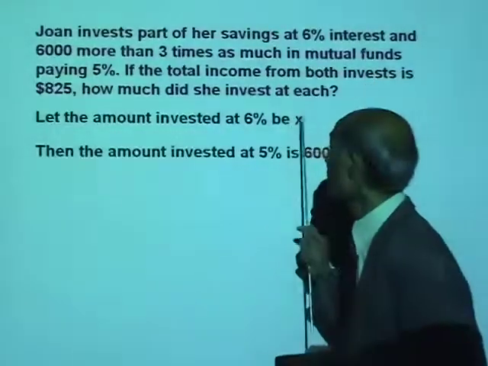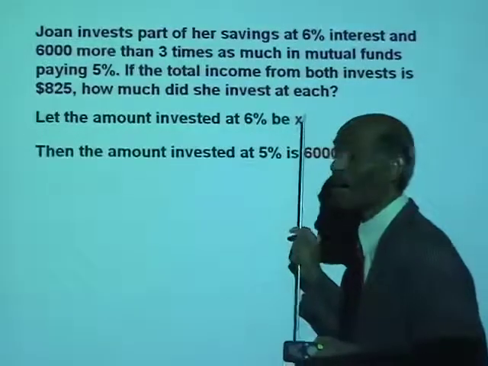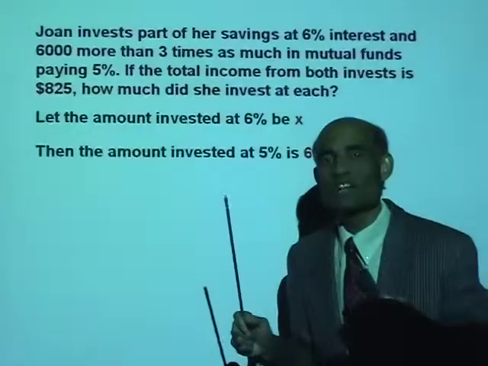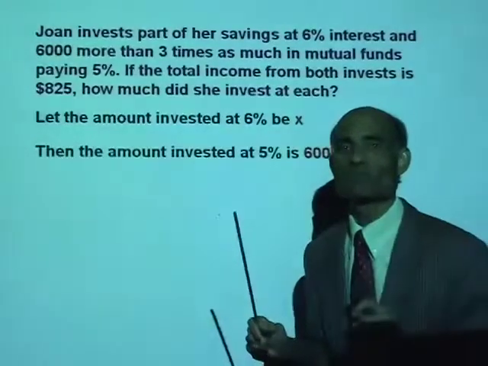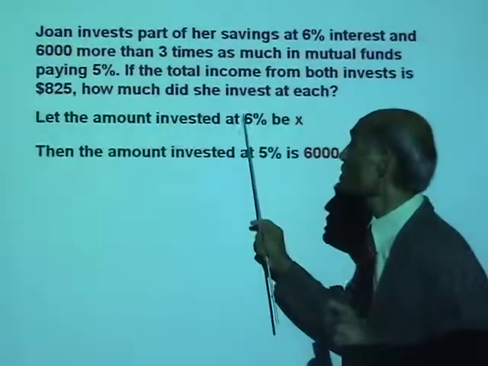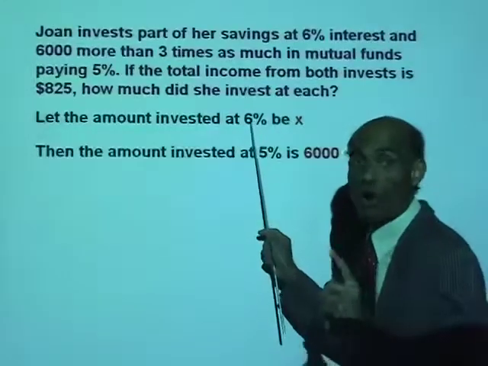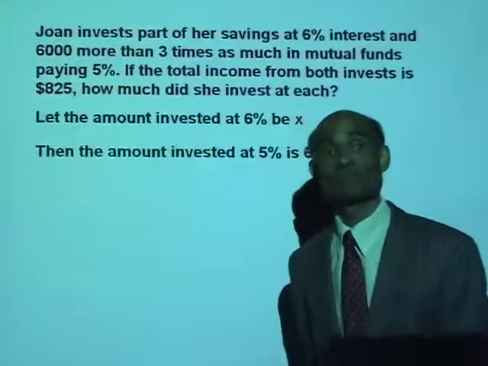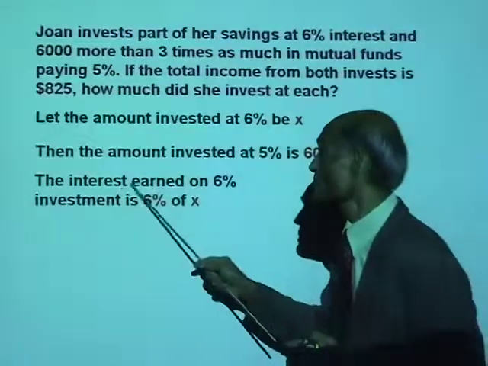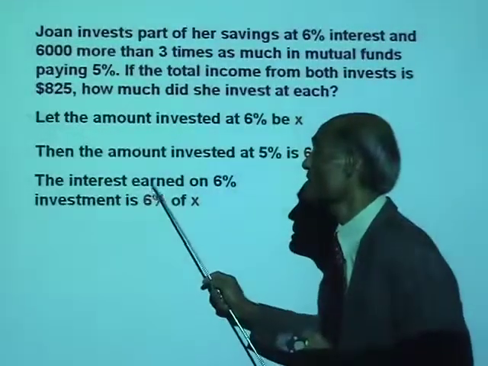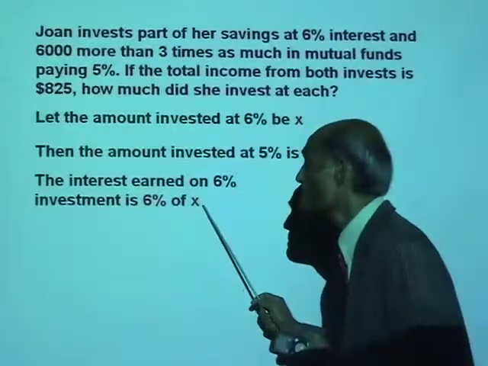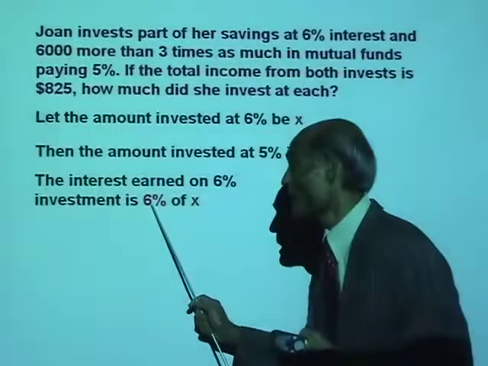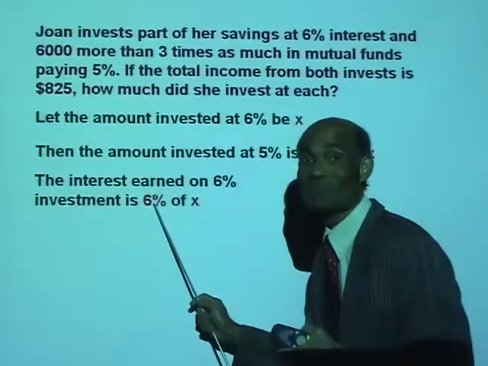Tell me, if X amount of dollars are invested at 6%, what is the interest that she earns on it for a year? That will be 6% of X. The interest earned on the 6% investment is 6% of X. Now can you write 6% as a decimal?